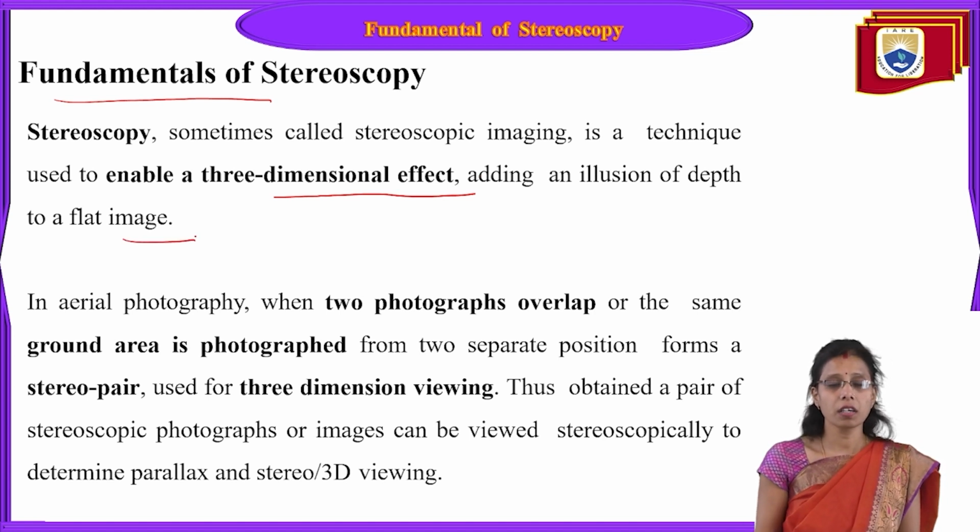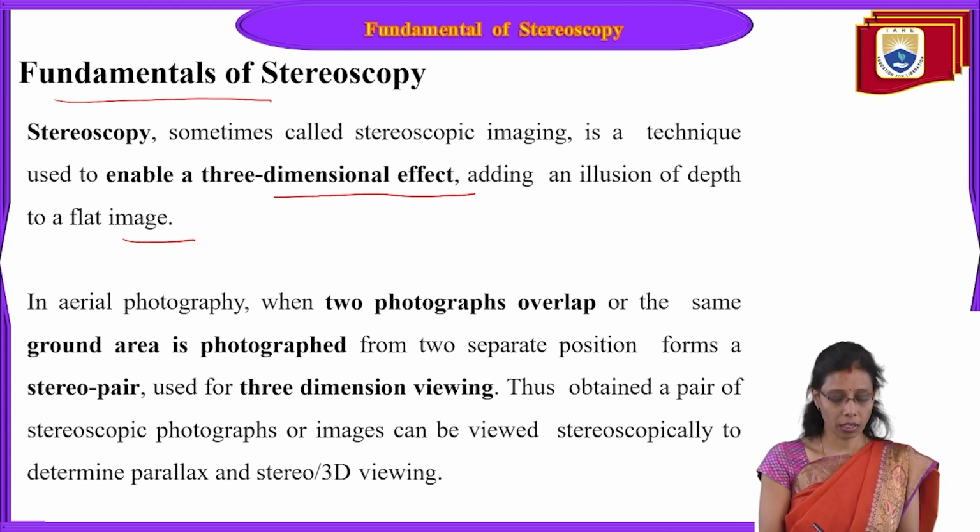So it's like two images we take in a series of an aerial flight line, like photo 1 and photo 2, from the same flight line, and we combine them together to find out the height of the object, the 3D vision of whatever object we see in the overlapping area. With the help of a stereo pair, we are able to get the 3D depth or three-dimensional effect.